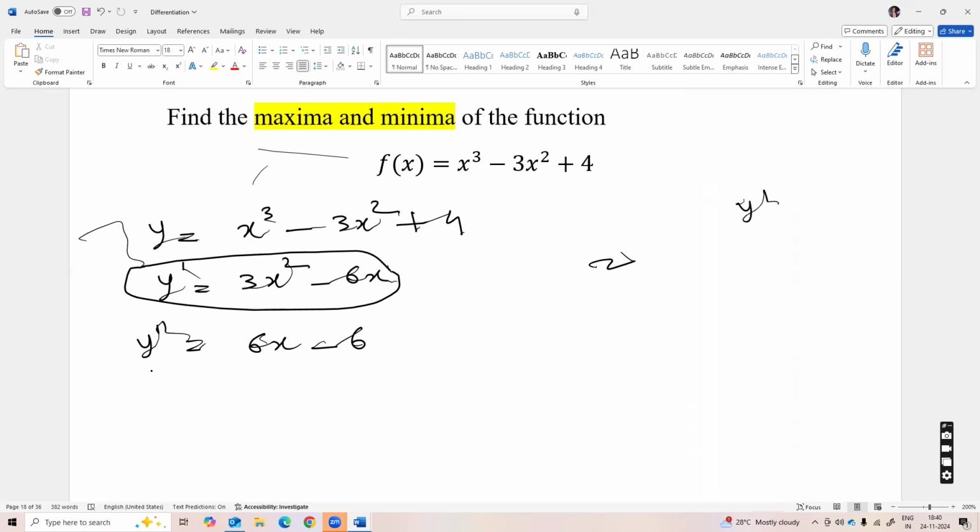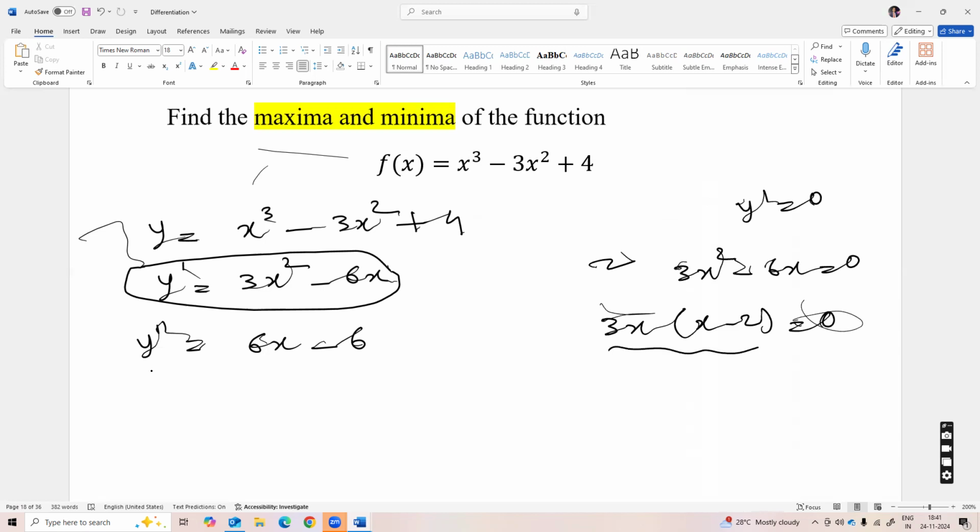Let's take y dash equal to 0. Therefore 3x square minus 6x is equal to 0. We take 3x as common, so we get 3x into x minus 2 equal to 0. This equation will be 0 only if either x is equal to 0 or x is equal to 2.